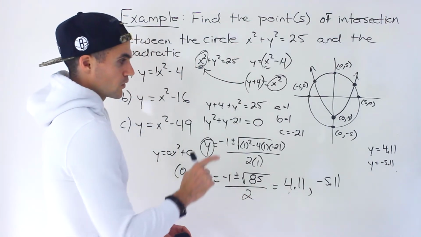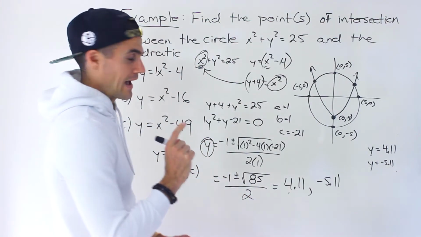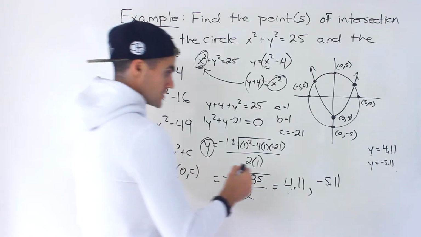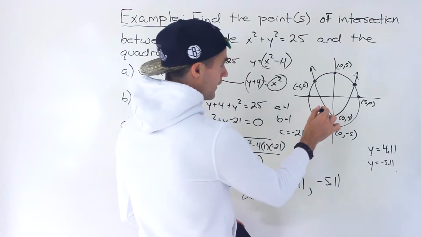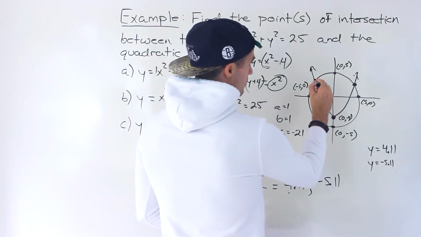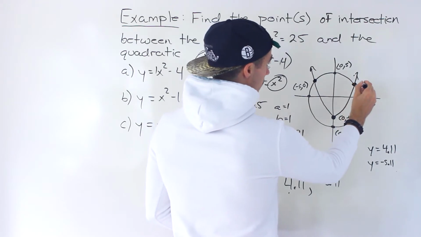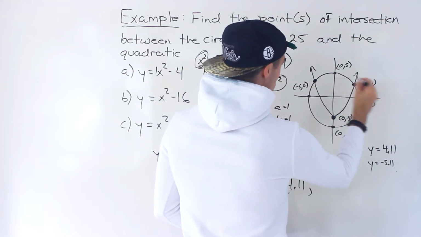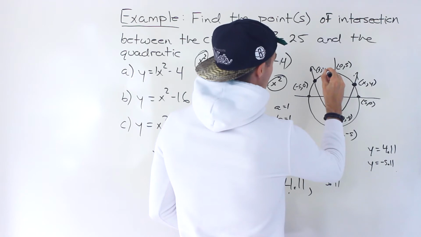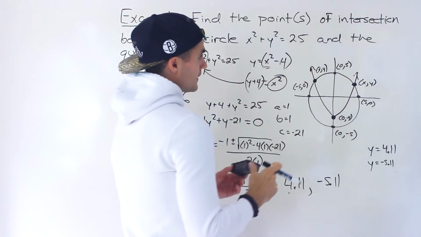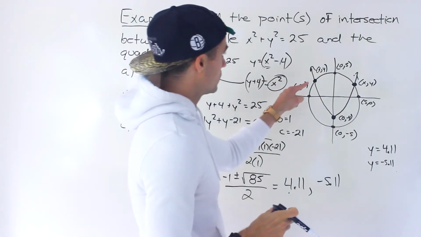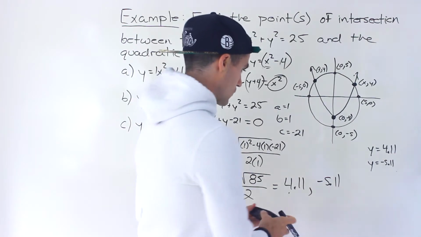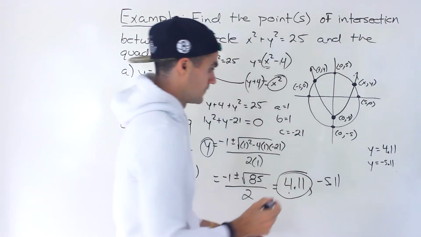Now, one thing you might be asking yourself at this point, this is important to know. Okay, if we look at our diagram, these points of intersection here, right? We're getting x and y. Now, it makes sense that we would get a positive y value right here, right?